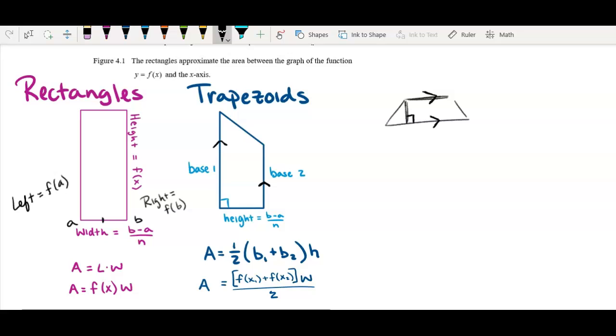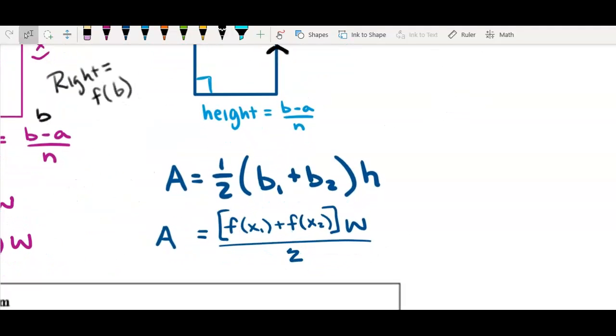The area of a trapezoid is 1/2 times the base plus the base times the height. So in function notation, if this is x sub 1 and this is x sub 2, the two x values, then the bases would come from f of x sub 1 plus f of x sub 2 times the width.